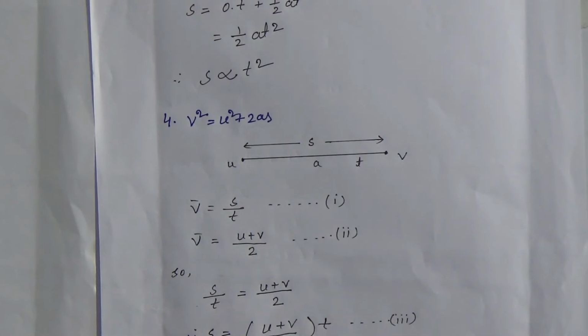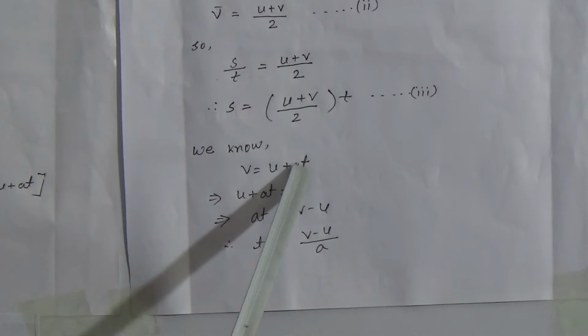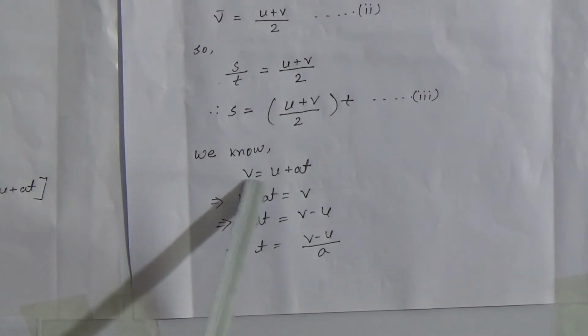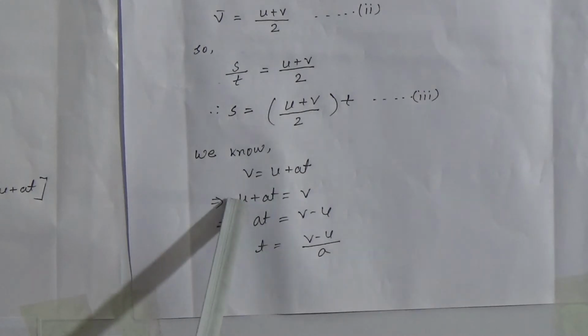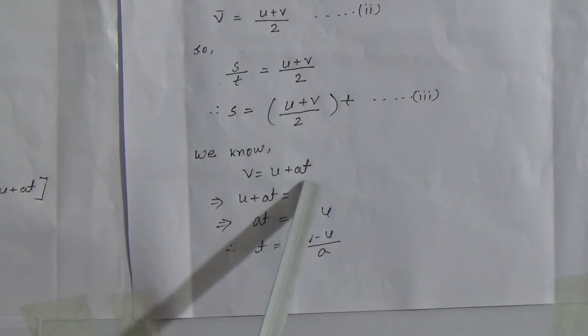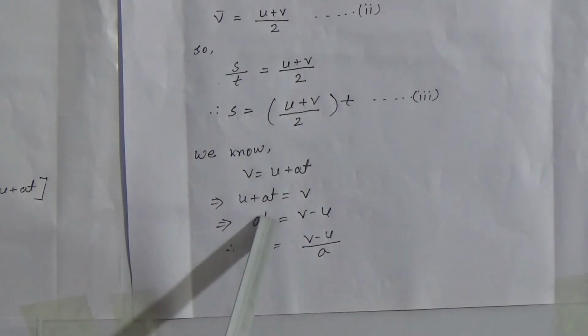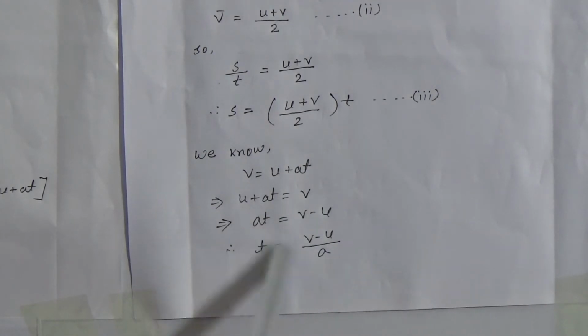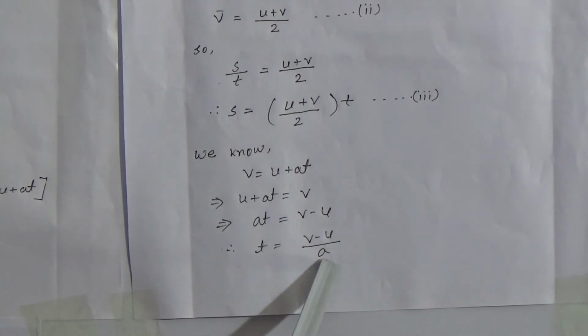Now we know v equal to u plus at, from the first equation of motion. After transposing, we get t equal to v minus u by a.